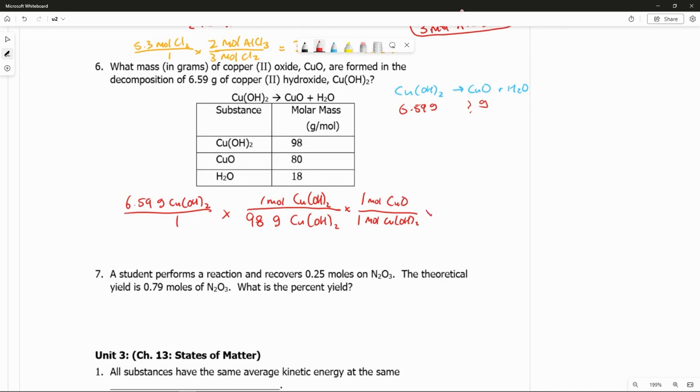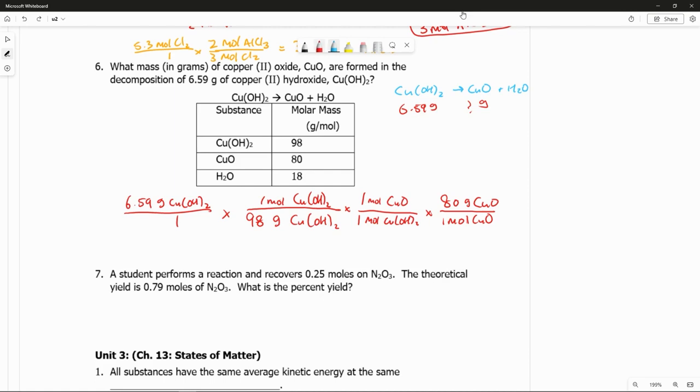And for every 1 mole of CuO, we use our molar mass again, we have 80 grams of CuO. In the end, our units cancel: grams of Cu(OH)2 cancel, moles of Cu(OH)2 cancel, moles of CuO cancel, and we're left with grams of CuO.